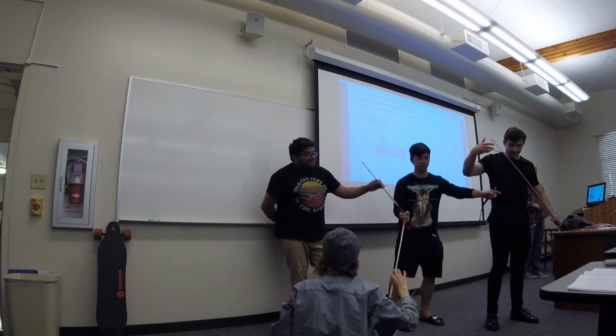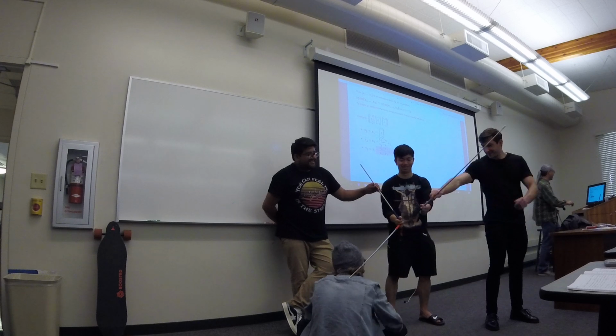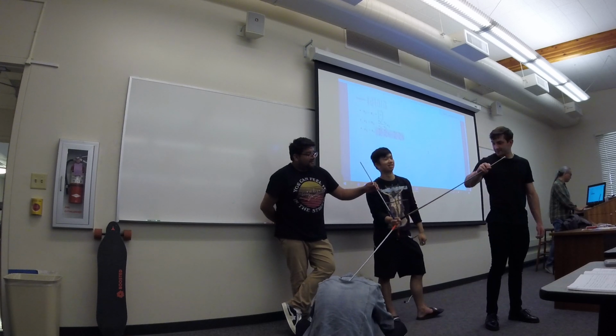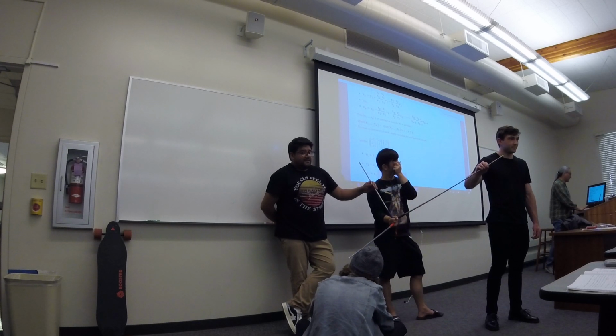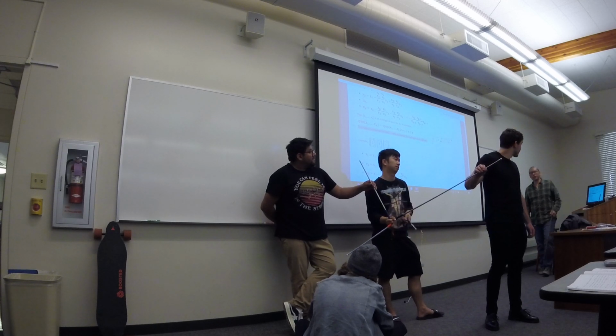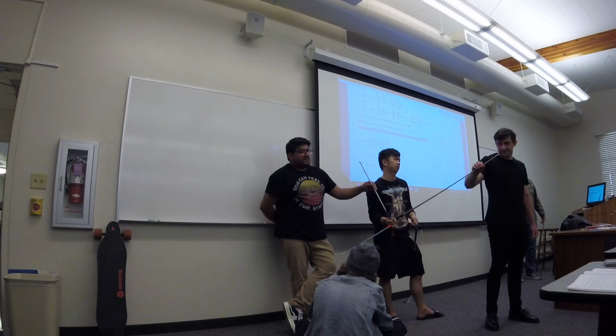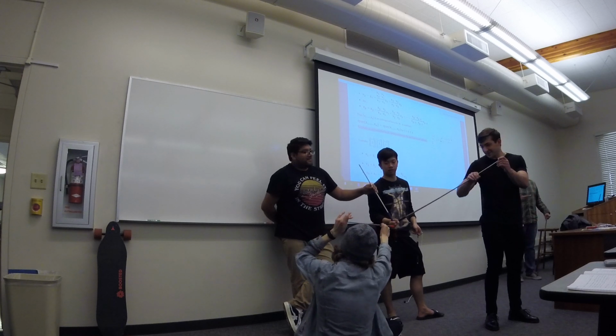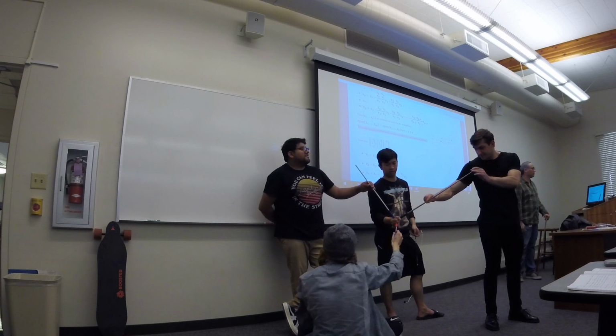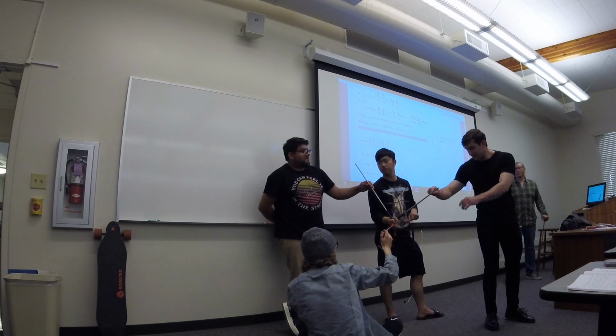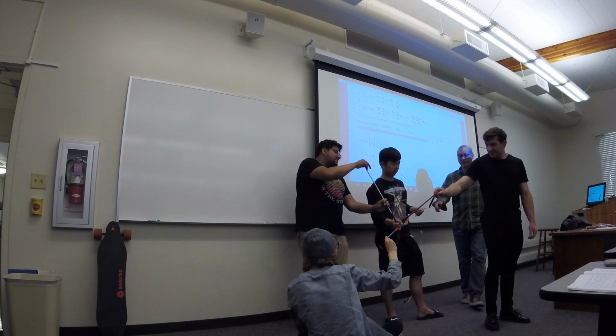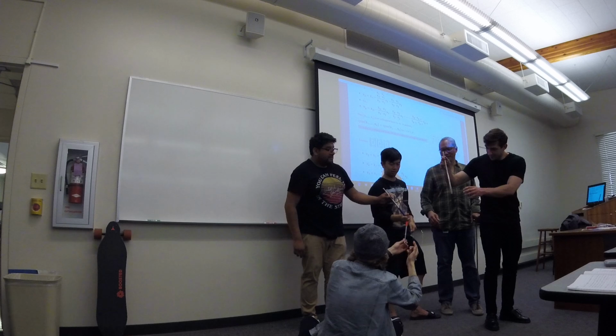Now, aside from being orthogonal, we might also want them to be orthonormal. What is the difference between orthogonal and orthonormal? Unit vectors, unit length. So, can you guys go to unit length?